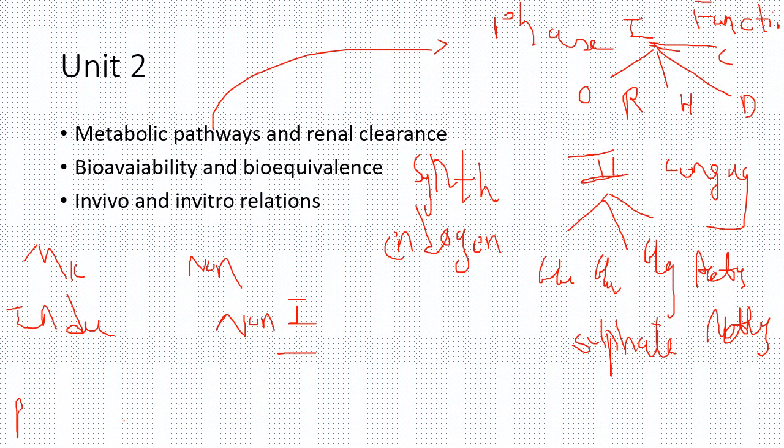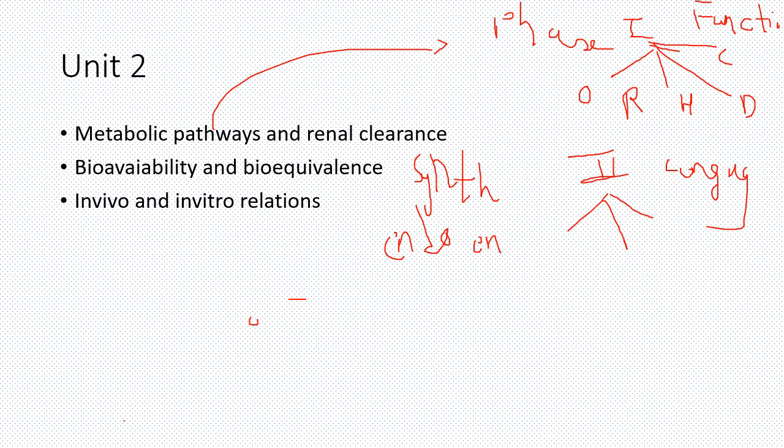Then there's a need to remember some terms like autoinduction, enzyme induction, and enzyme inhibition. So just remember that whenever you coin the term enzyme induction, that means there is going to be an increase in activity of the cytochrome enzymes. These cytochrome enzymes metabolize a drug, and then this metabolized drug is not pharmacologically active.